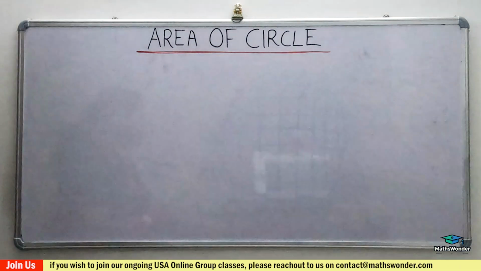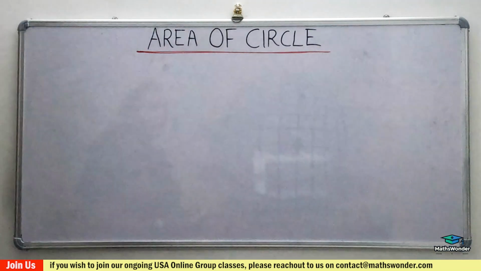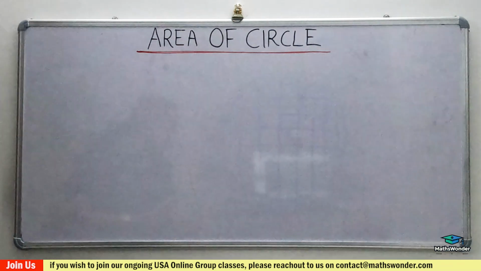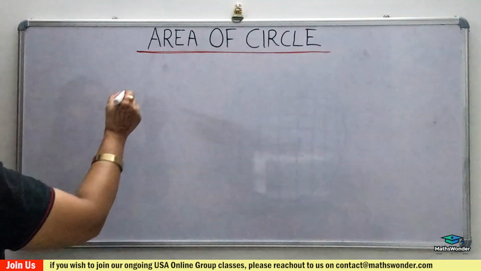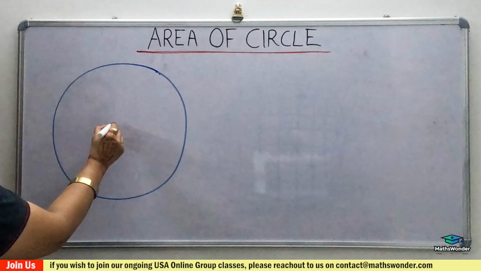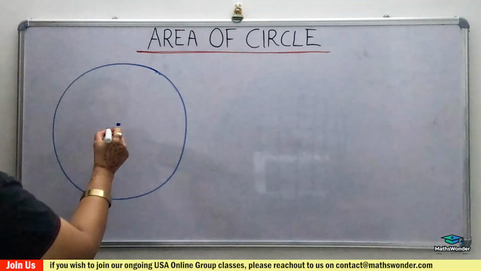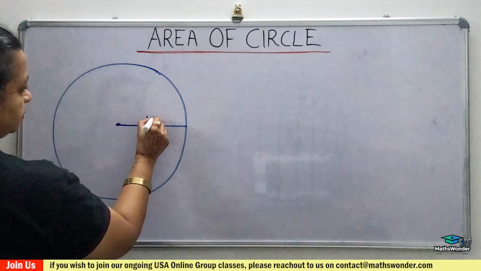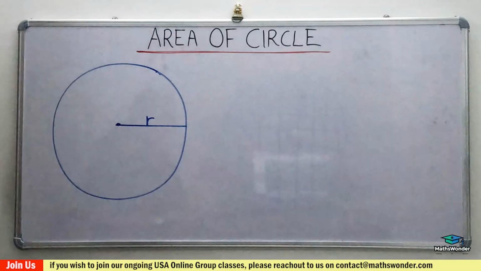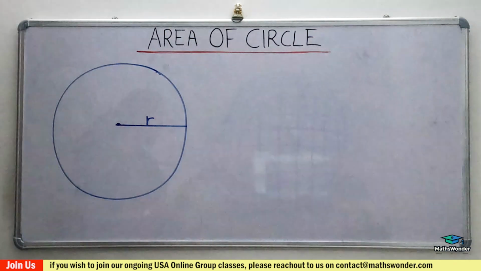Now you will see one experiment on how we find the area of circle formula. Draw a circle of any radius. This is the radius, as you know. Now divide this circle into 16 equal parts.